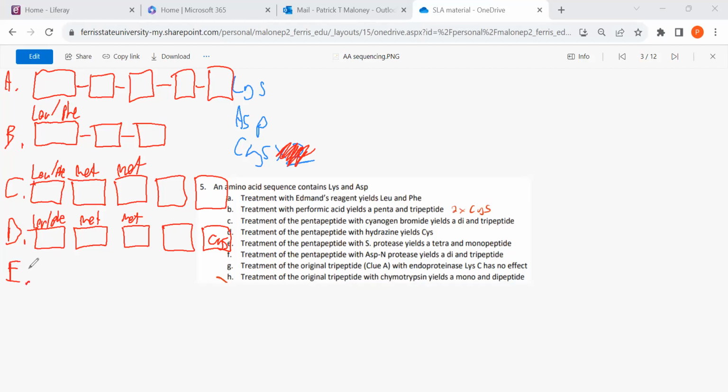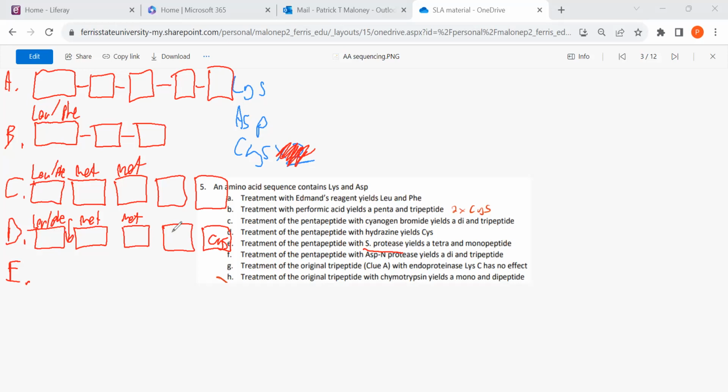So clue E. Treatment of the pentapeptide with S protease yields a tetra and a mono. So S protease, if you remember what it does, is a C-terminal cleaver for arginine. If we were to cleave here and get a mono and a tetra, that means arginine would have to be in this first box, which is an impossibility.